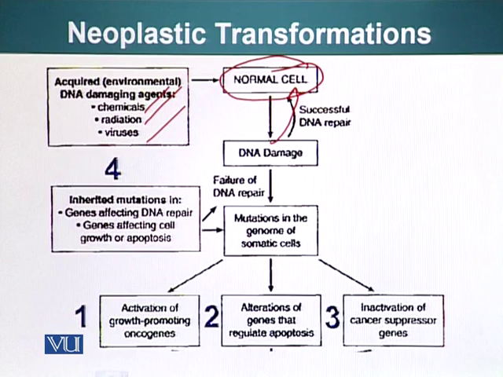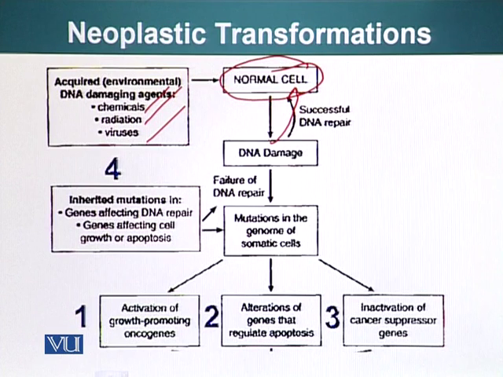However, if there is a failure of DNA repair, mutations in non-sexual cells of our bodies can accumulate and cause cancer. And if these mutations occur in the cells that result in formation of gametes, these mutations can be passed on to the next generation, as we have already seen when we were talking about clinical genetics.